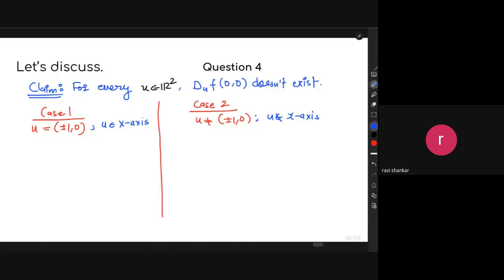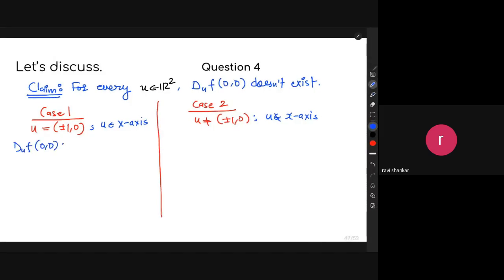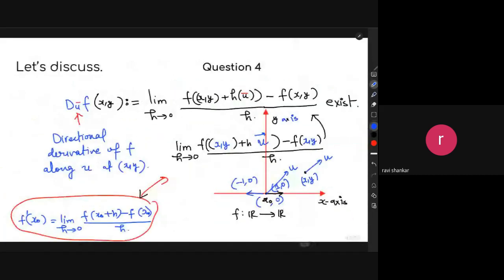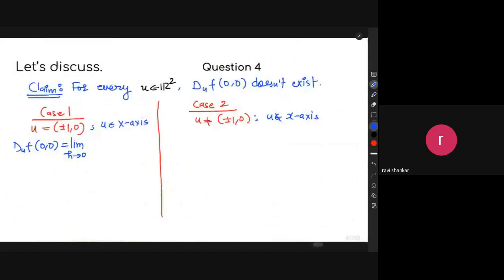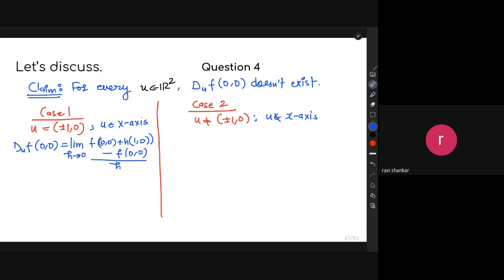In the first case, if I calculate this limit, what will it be? It will be the limit of f of (0,0) plus h times (1,0) minus f of 0 comma 0, divided by h, which is the limit of f of h comma 0 minus f of 0 comma 0.